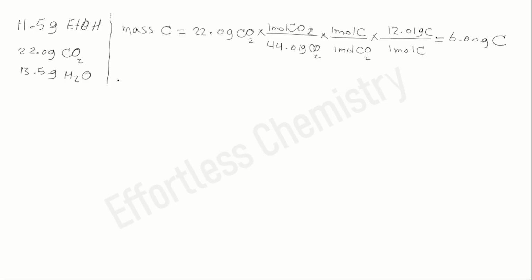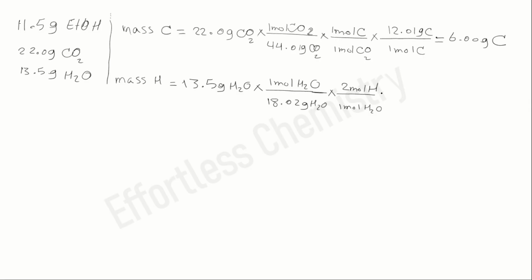So the mass of hydrogen is from the water that we have, 30.5 gram of water, multiplied by 1 mole water. How much water in gram? 18.02 grams of water, multiplied by, in 1 mole water, how much mole of hydrogen? 2 moles.